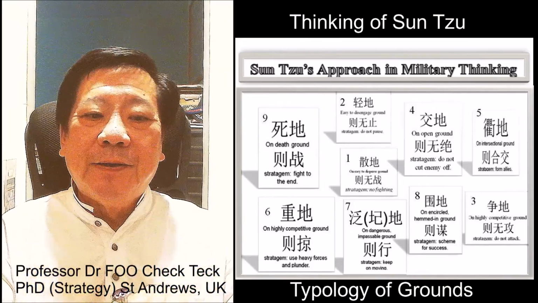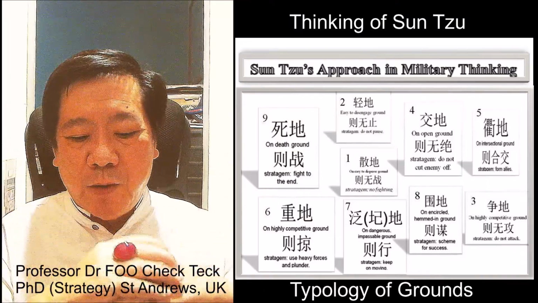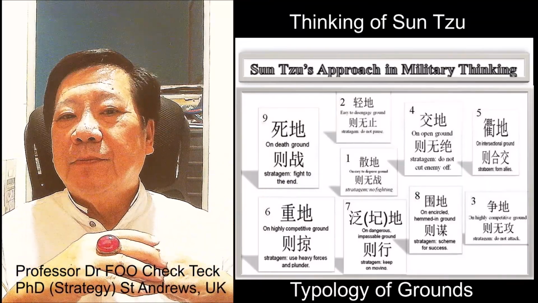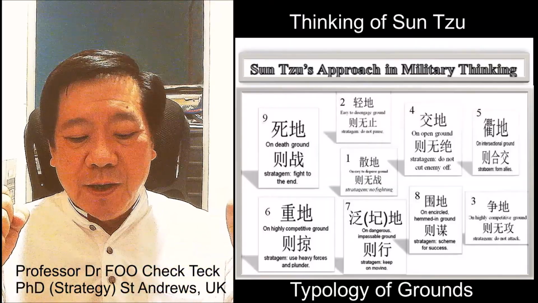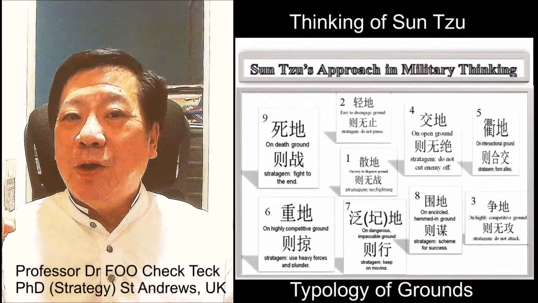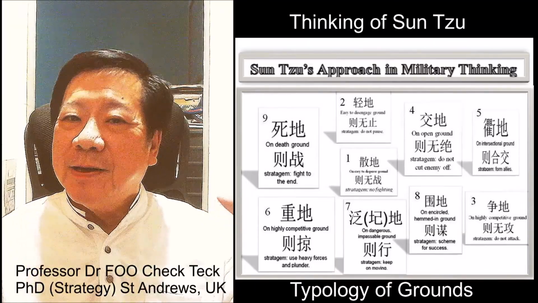And of course you'll find that in ground 6, which is 重地, one that is highly competitive, the stratagem he prescribed is that you must use heavy forces and you must plunder. In other words, those are grounds where, in the Ukraine-Russia war context, you would see heavy fighting, heavy bombardment.